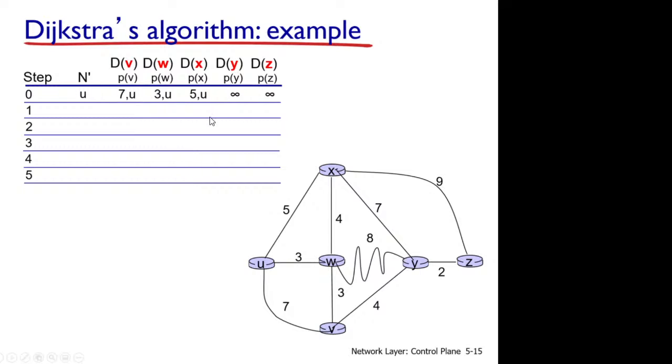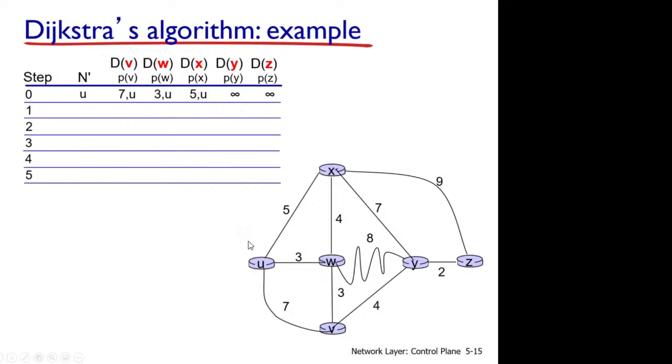They are connected by three separate links with costs 5, 3, and 7. So under V, W, and X, I write down the costs. The cost to get to V is 7, and the node immediately before it was U, which was obviously the first one.